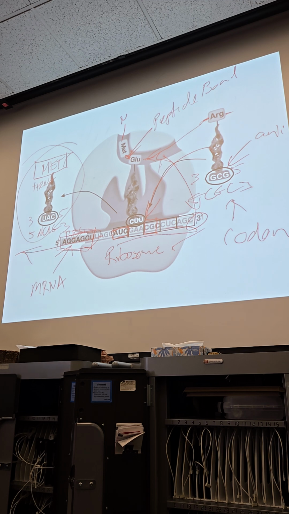What type of bonds hold the mRNA and small ribosomal subunit together? I got H bonds. Oh, is that the next one? Yeah, after the pyrimidines appear. What type of bonds hold the mRNA and small ribosomal subunit together?